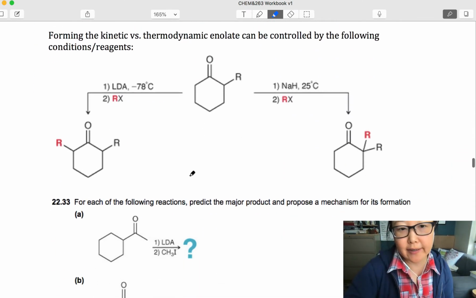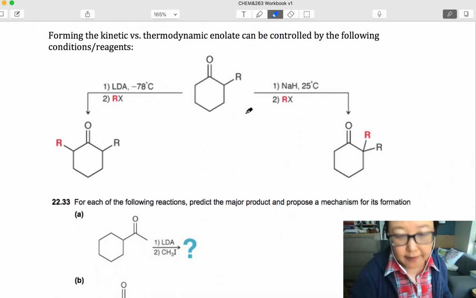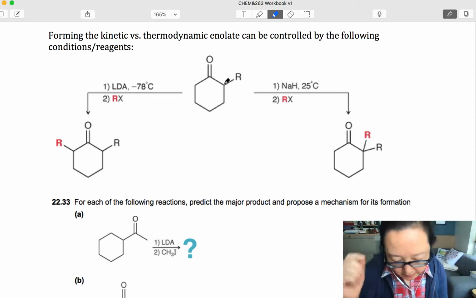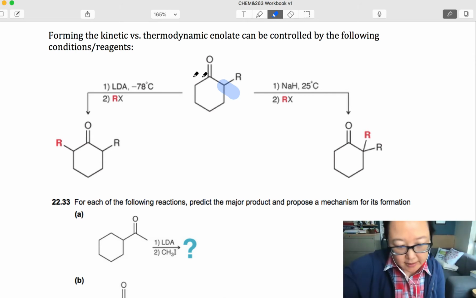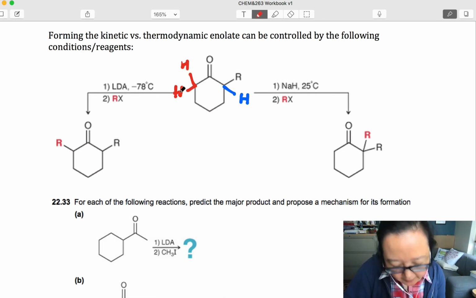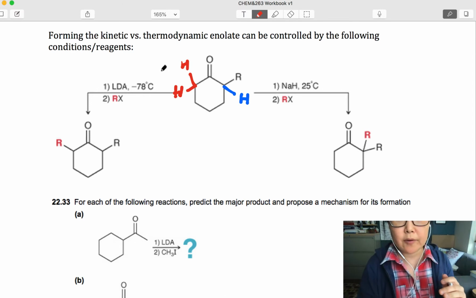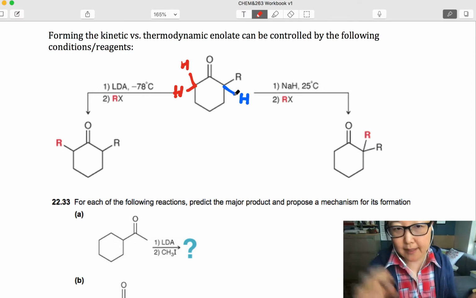So when we look down here at this schematic from Klein textbook, it shows that there's actually 2 different alpha hydrogens here. There's one at the alpha position of the more substituted alpha carbon, and then there's the less substituted one on this side. So if we want some control over which one it reacts with, we have a choice of base and some conditions we can use.